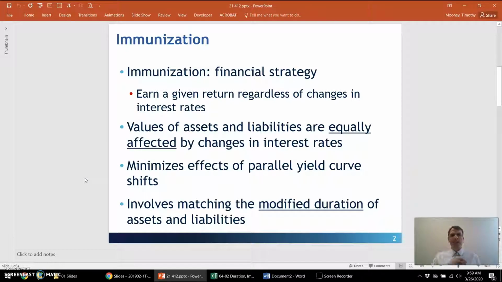That's the present value of all the future liabilities they have to pay out. And then they'll match that liability stream with the portfolio of assets with a market value of $100 million. So immunization tries to set the interest rate sensitivities of those two things equivalent to each other. And so that involves matching duration.